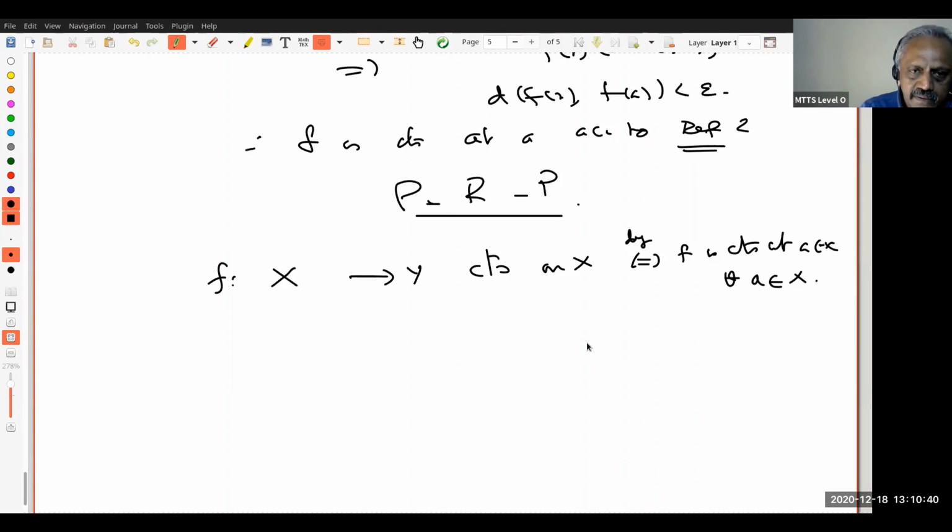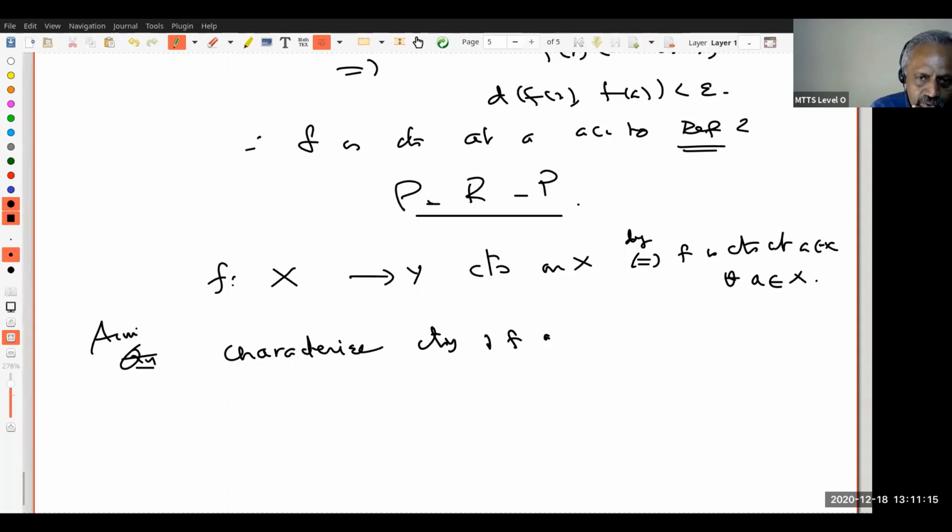So my natural question is, can I define continuity of f purely in terms of open sets? I want to say f is continuous from X to Y if and only if something in terms of open sets. You understand the problem? It's not continuity at a point, but I want to prove a more general statement. So the aim is to characterize continuity of f on X in terms of open sets.